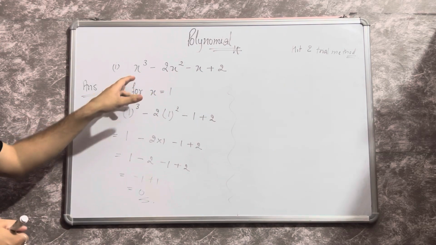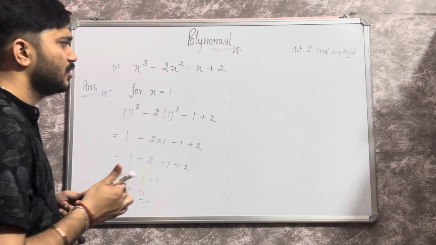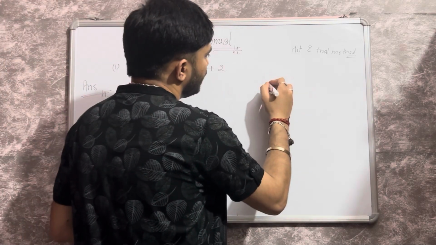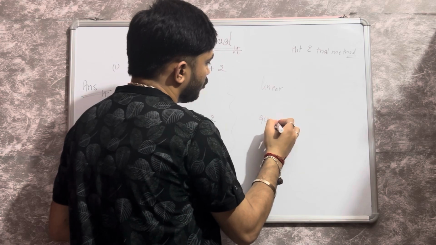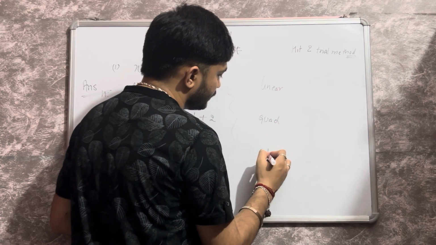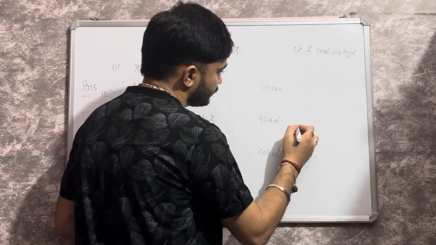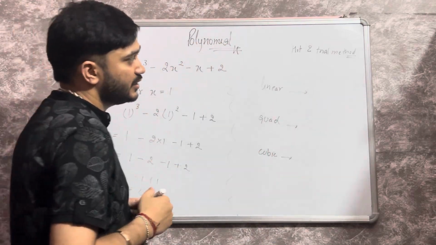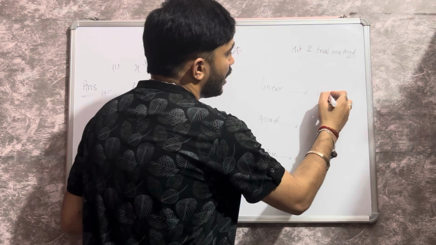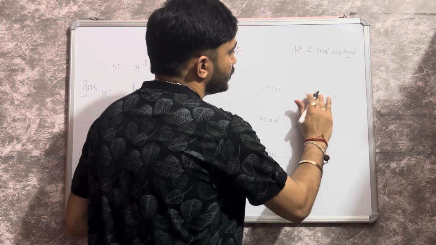But we have to find the 3 answers. Why 3 answers? Since we have learned that polynomials are of 3 types, that is linear, quadratic and cubic. Linear polynomials are those in which the degree is 1 and the answer of it is also 1.